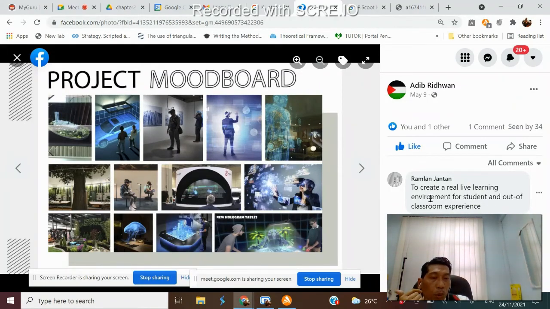I do comment here to create a real life learning environment for students and out of classroom experience. So this is a project mood board by Adib.